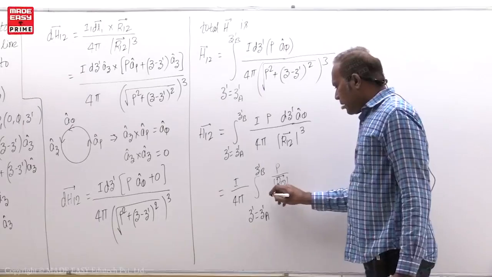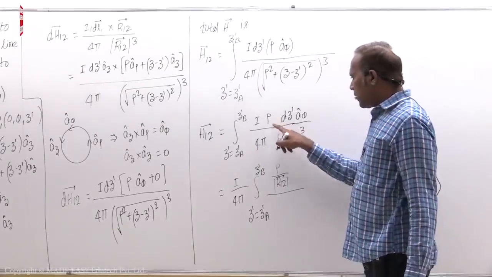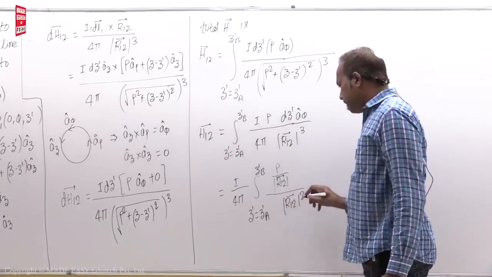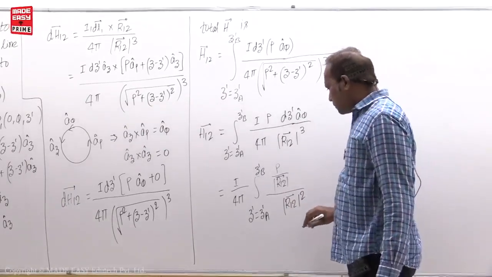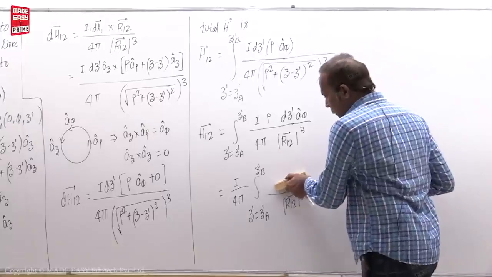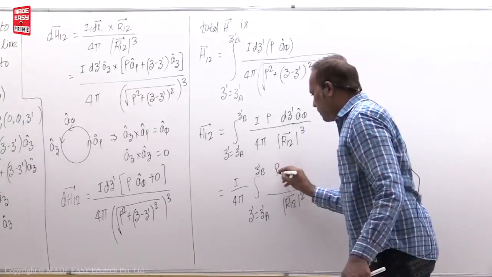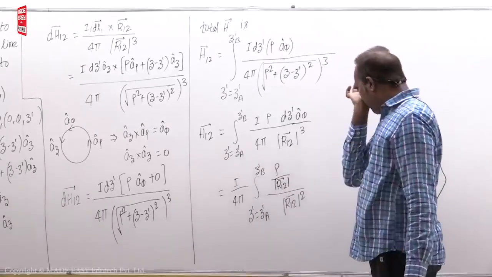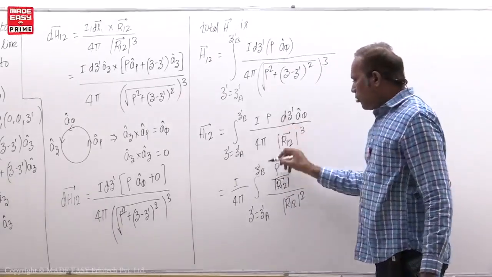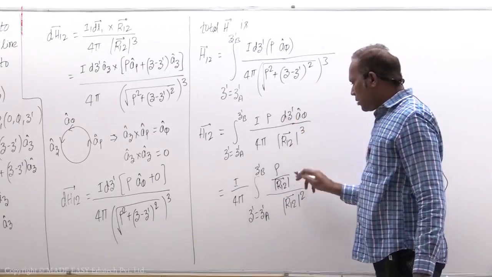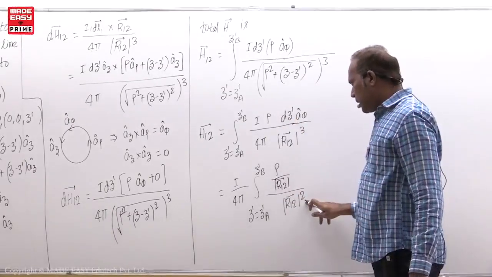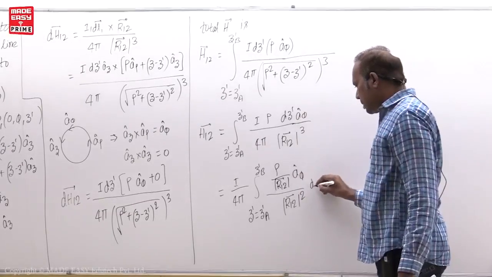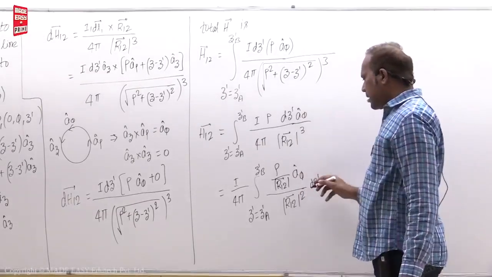Then if you write mod r12 here, the remaining is mod r12 whole square. So rho divided by mod r12, then whole square is remaining, then a phi, then dz dash, in the integral.